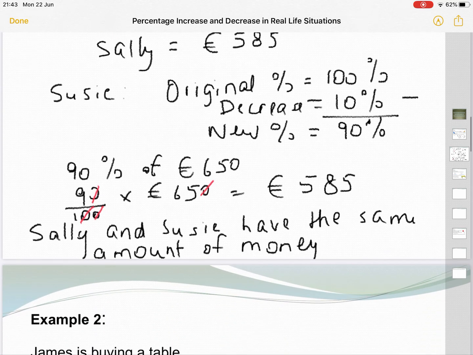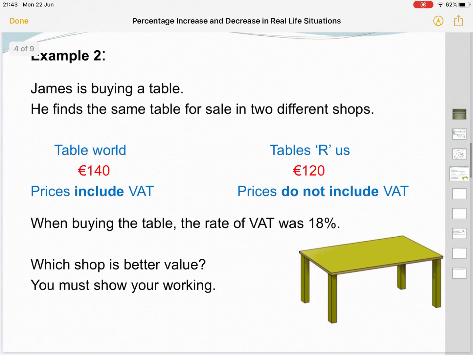Okay, let's discuss example 2. In example 2, the situation is James is buying a table. He finds the same table for sale in 2 different shops. One shop is Table World, where the table costs €140 with prices including VAT.